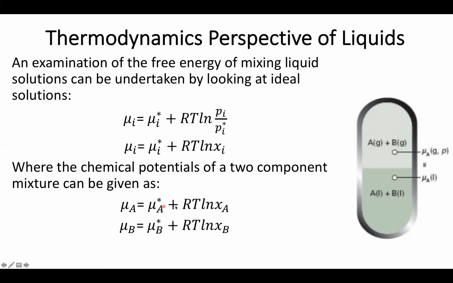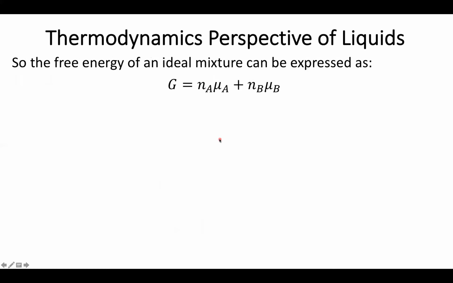And we can go ahead and combine our two chemical potentials to generate the free energy of the entire ideal mixture. So in this case, we're simply going to be taking our chemical potentials, which again are just molar free energies, multiplying them by the amount of each species, and then adding these two free energy terms together.